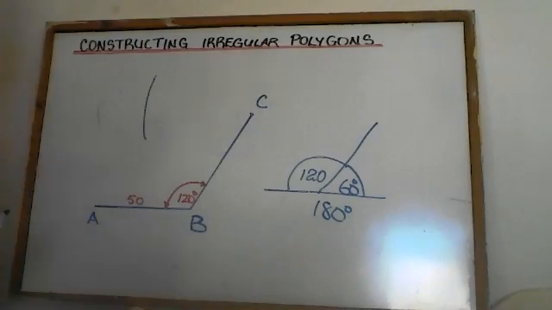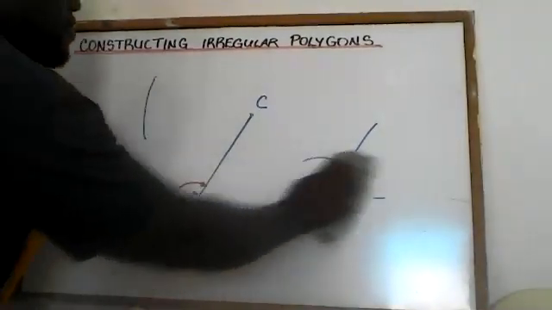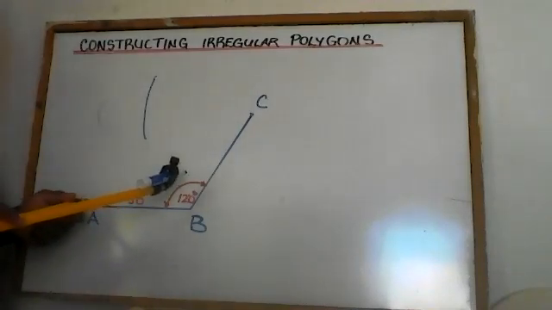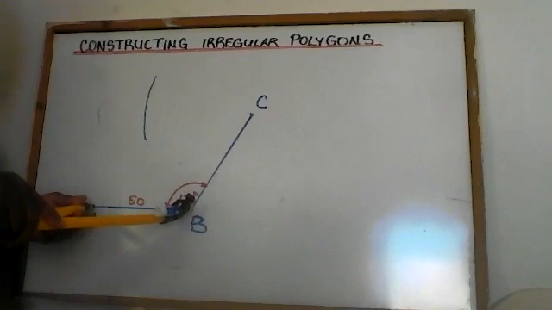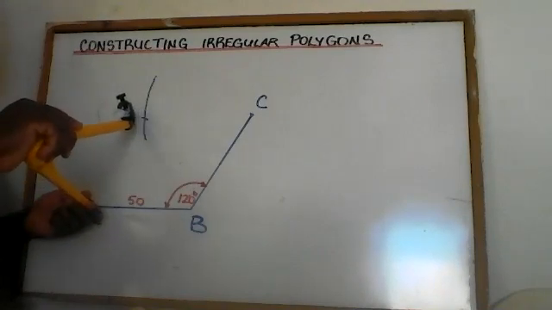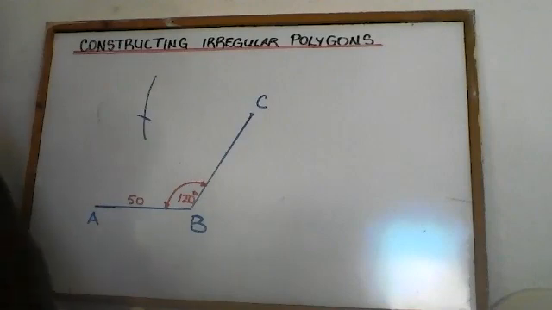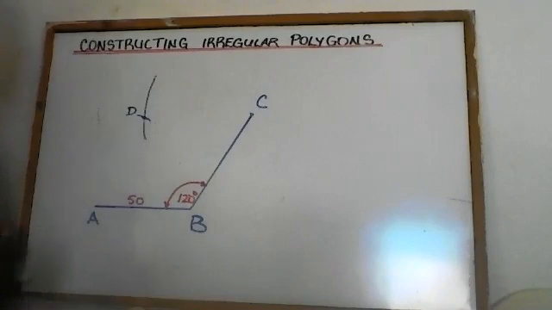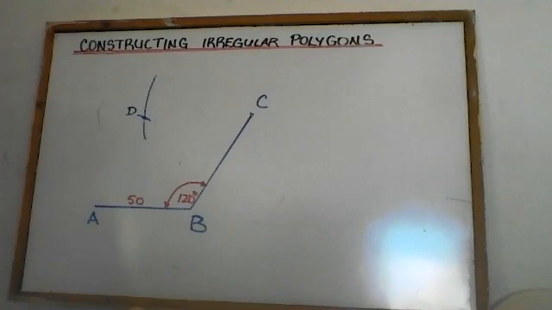We have one side to get now, and that's the last side. That side is AD. We no longer need this, so I'll take it out of the way. But we have seen also that AD is 50, and AD is also equal to AB. Therefore, take off the length of AB, which is the same as AD. And thus we have produced the point here for D. So now we have produced all 4 points that are required, A, B, C, and D. I'm now going to darken these lines with my rule.